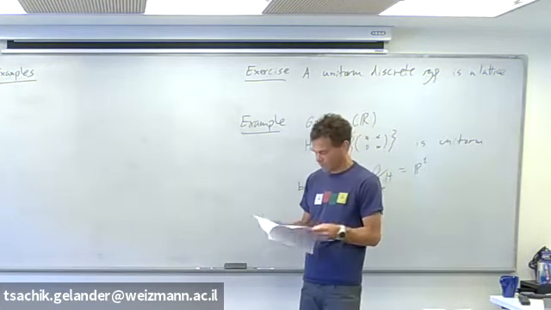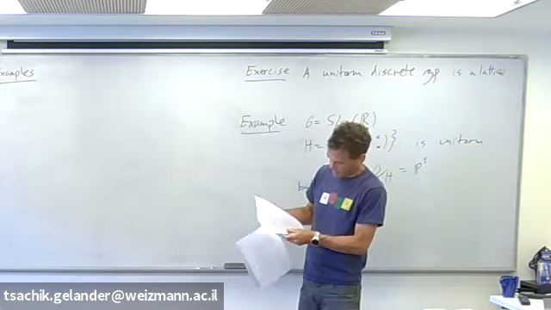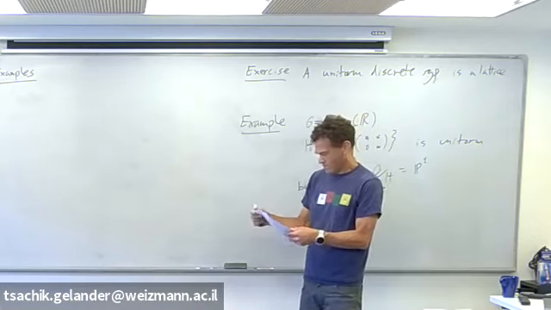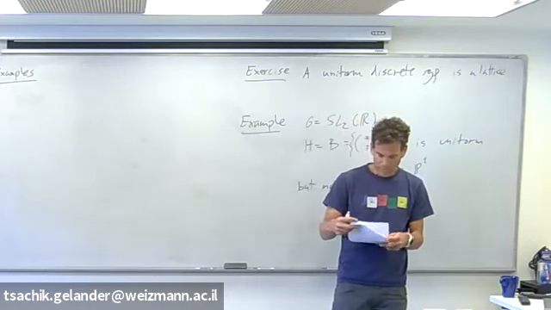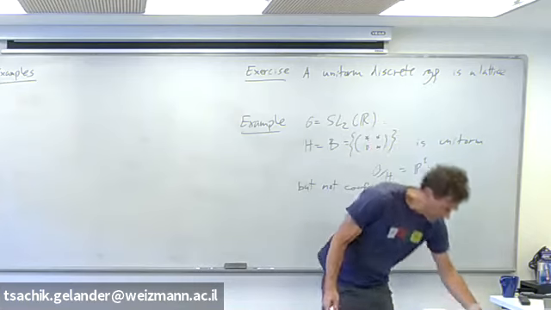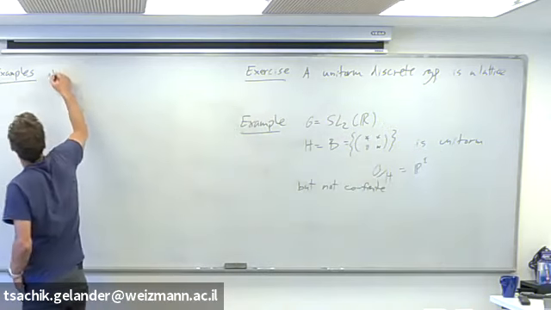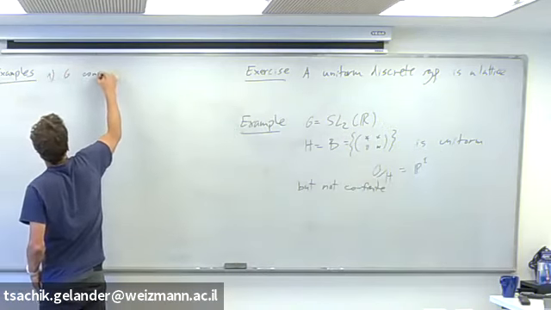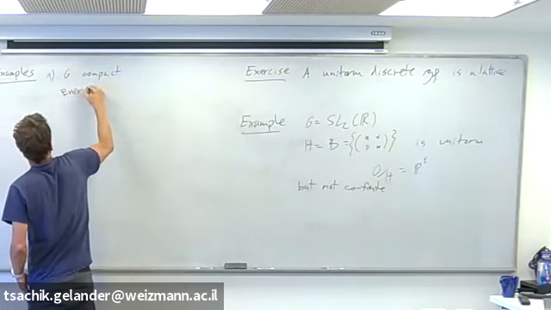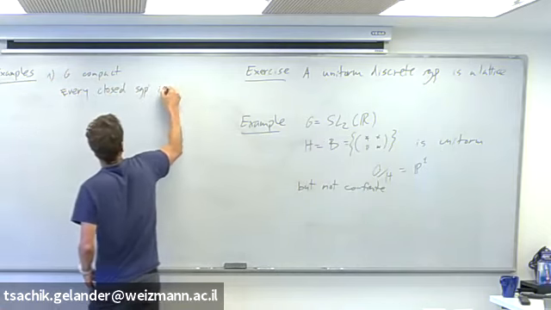If G is compact, then every closed subgroup is cofinite.